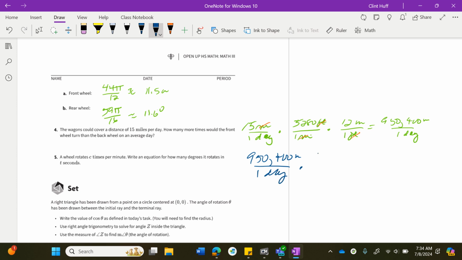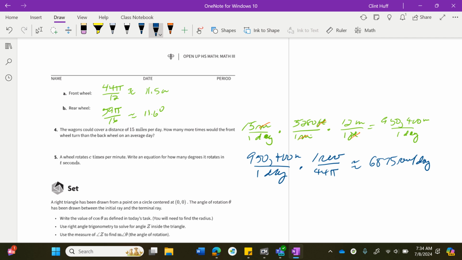times one revolution of that front wheel is the 44 pi. And notice what we'll get here is revolutions per day. If you multiply this out, 950,400 times 1 over 44 pi, you'll get approximately 6,875 revolutions per day.